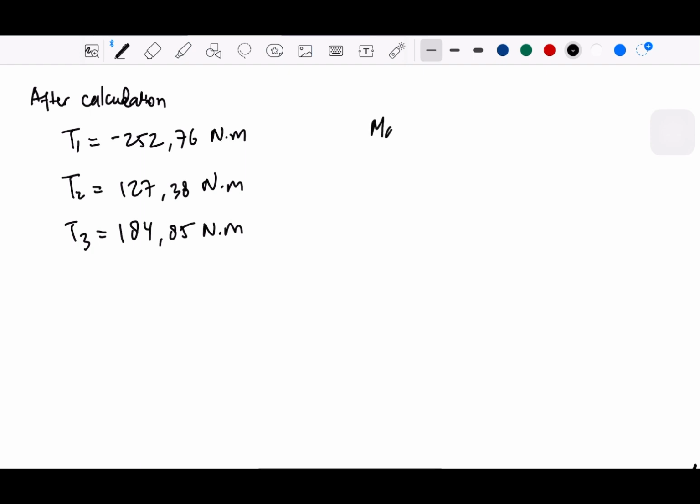And then the maximum shear stress. Remember that 1 and 2 are steel. Just to note that 3 is the aluminum, right?